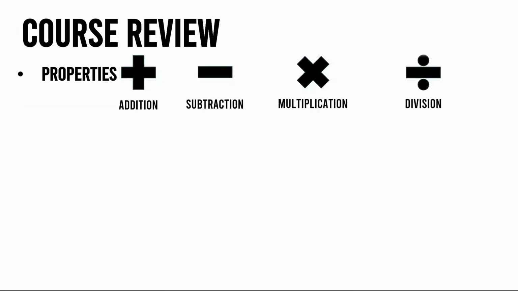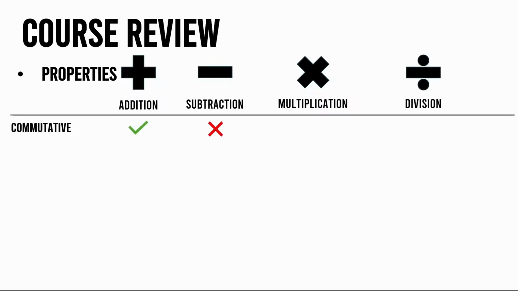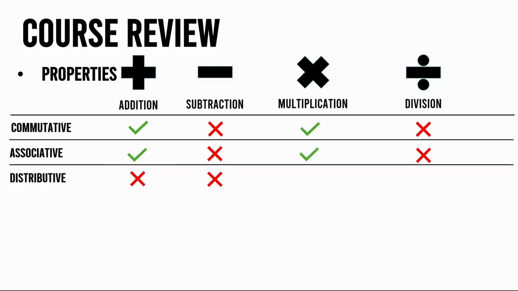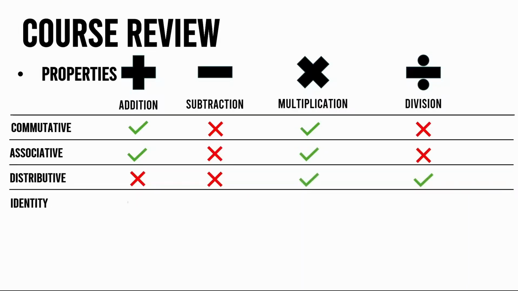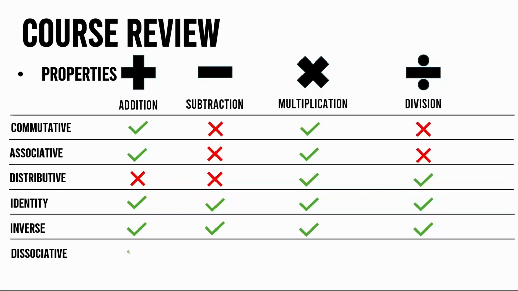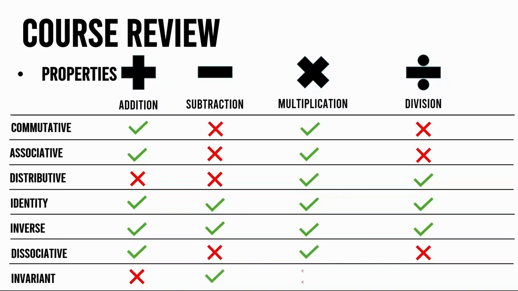Properties. The properties of operations are rules that describe how the order and grouping of operands affect the result.